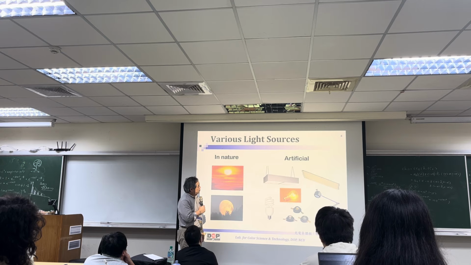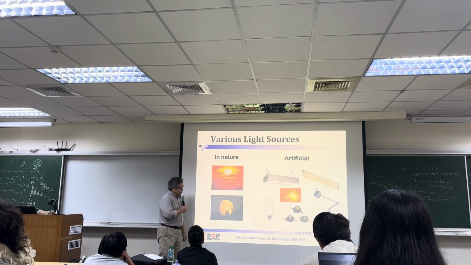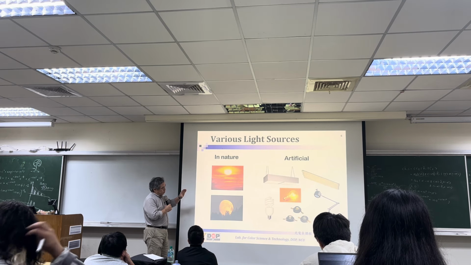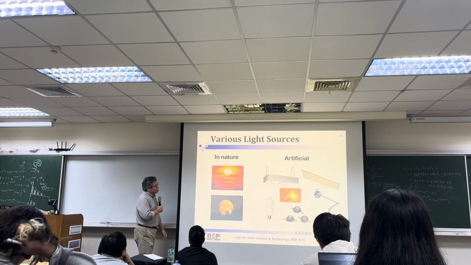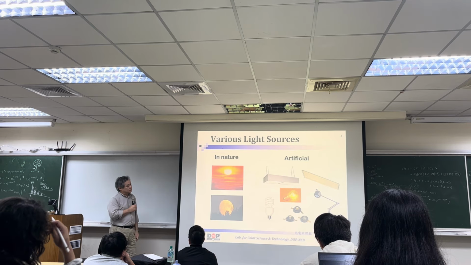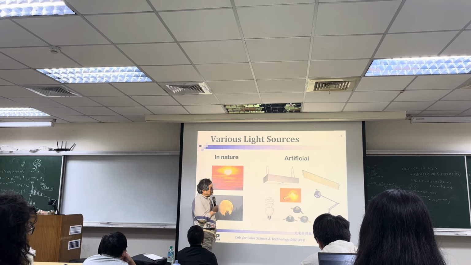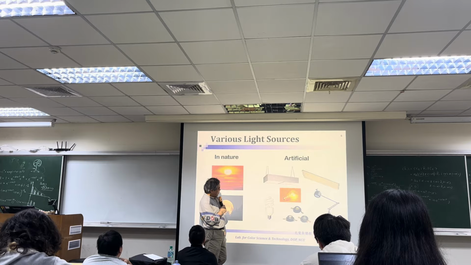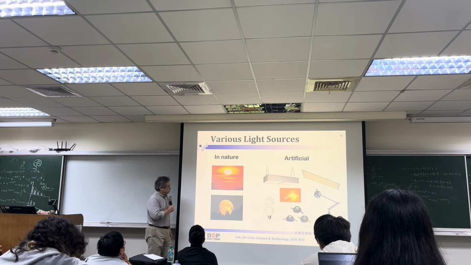The other important factor is the size. So it will create a different view angle. So when you measure the light source, the view angle will create a different measurement result, right? And also the geometry factors are different, okay?